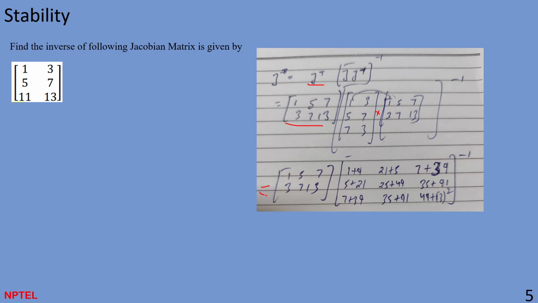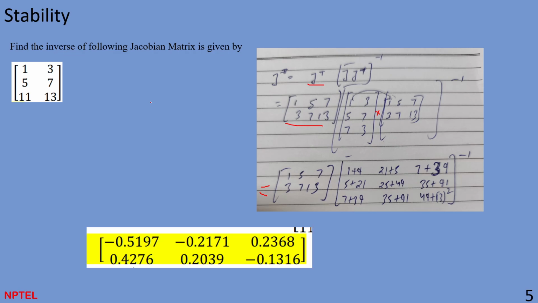They won't ask such lengthy problems, but instead of a one cross three, they could ask, let's say, one cross two. So please do remember this formula, and this is what you will use to get the answers.